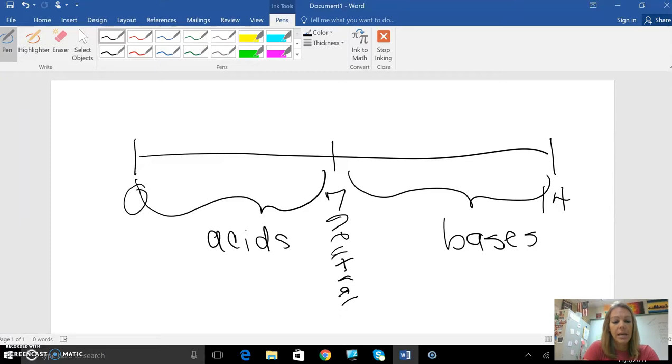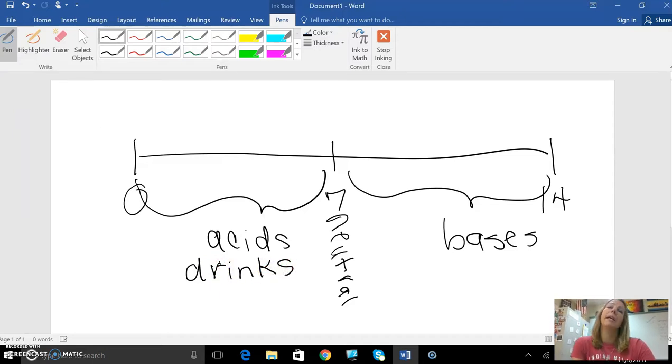So basically, acids, in general, everything that we drink is an acid. So that can be coffee, tea, water, unless it's pure water, milk, pop, and juices. So all of those are acidic.